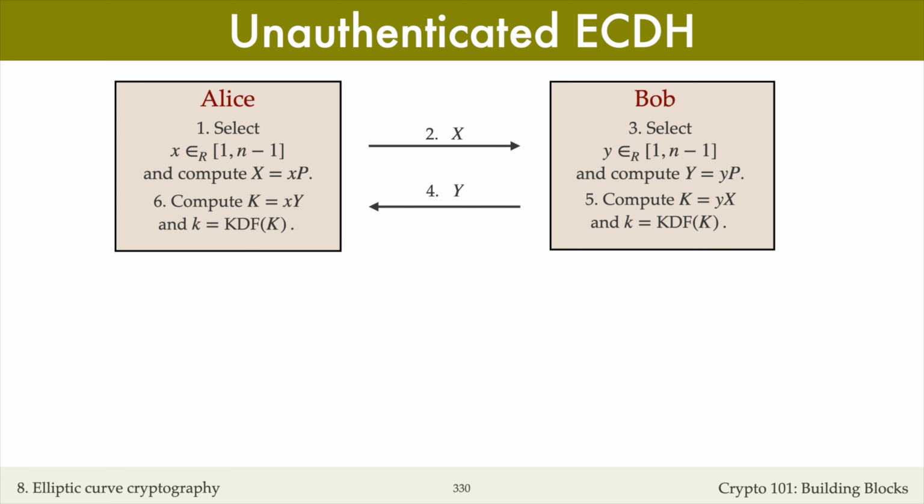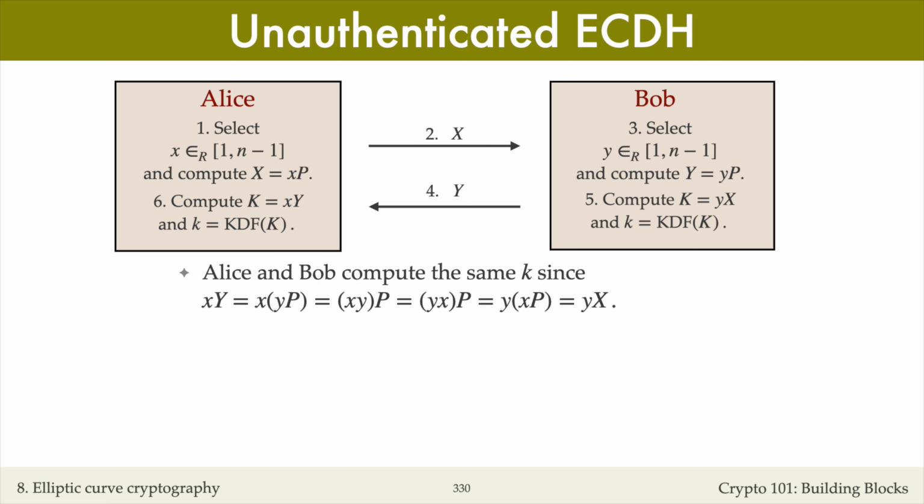Alice multiplies the point Y she received from Bob by her secret x to get the point K, and then she applies the KDF to K to get the bit string k. k is a secret key that is shared by Alice and Bob.